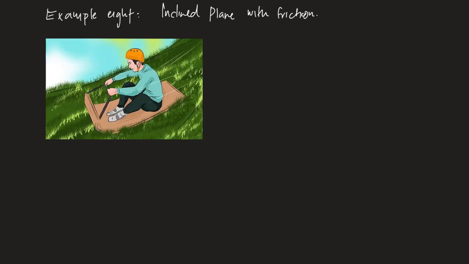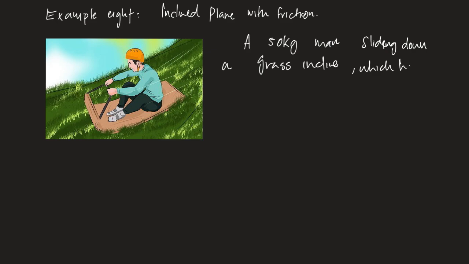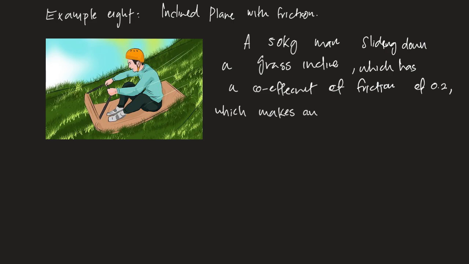Now example 2, it says you have a 50 kilogram man sliding down a grass incline which has a coefficient of friction of 0.2, which makes an angle of 30 degrees with the horizontal.